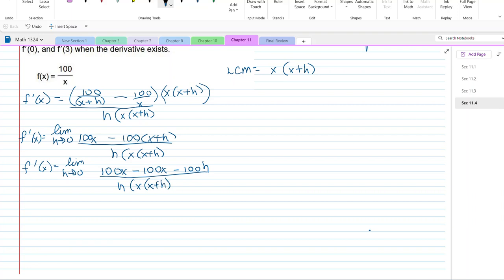All right. Well, we notice that these are additive inverses. So now I'm left with f prime of x equals the limit as h approaches 0 of negative 100h over h times x plus h.